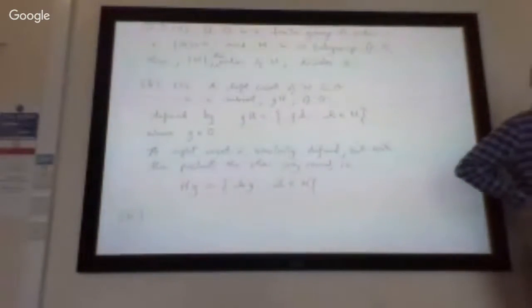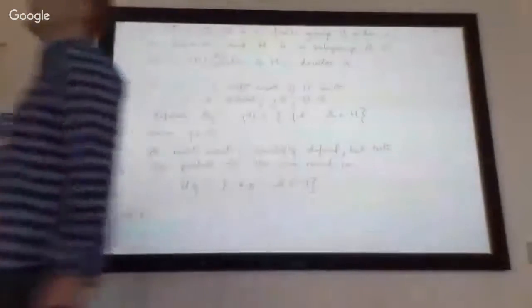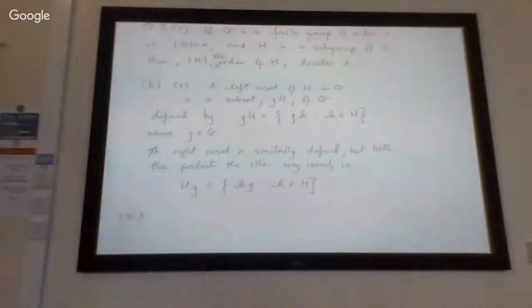This is the key fact we need in order to prove that the cosets partition G. Remember, one of the ideas in the proof of Lagrange's theorem is that you've got the left coset EH, so H itself, then you've got other left cosets of H in G, but the point is they partition G. So these different cells do not overlap.